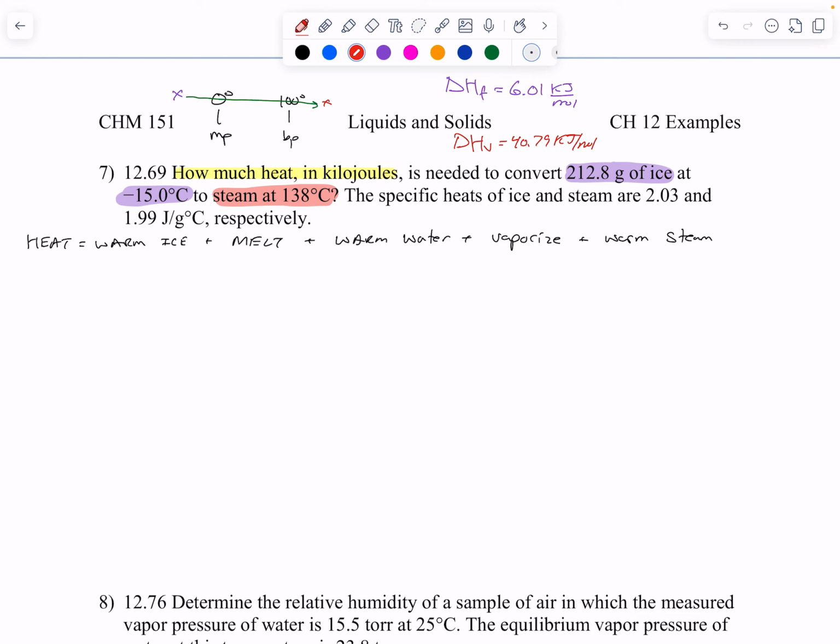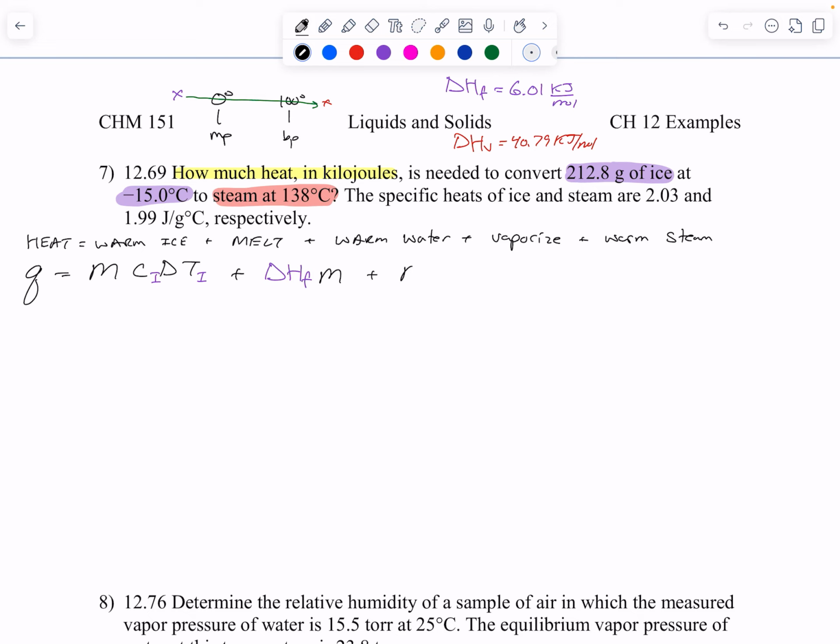All right, so heat. Q equals warming the ice, mass C delta T. The mass is going to be the same throughout. This is of ice, and that's delta T of ice. Melting, delta H F times the mass.